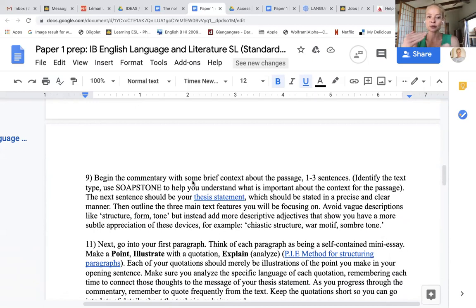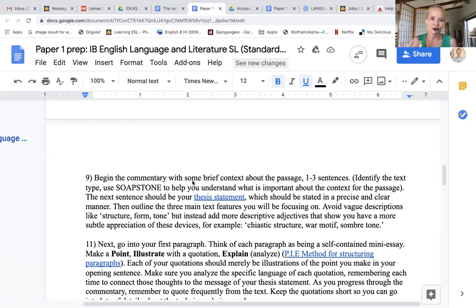So in this, that's when SOAPSTONE, again, speaker, occasion, audience, purpose, subject, tone, becomes important, because when you're stressed at an exam, it's a good acronym to remember what is important about this text, or what is something I can talk about in the introduction as I introduce the text. So you'd start with a text type, then you'll address from what perspective, that speaker, what's the inciting event.